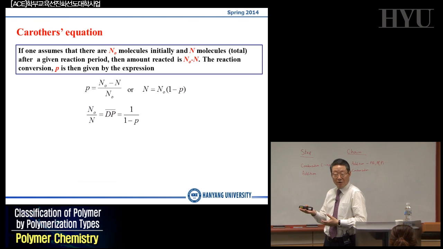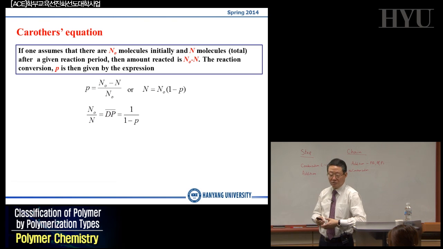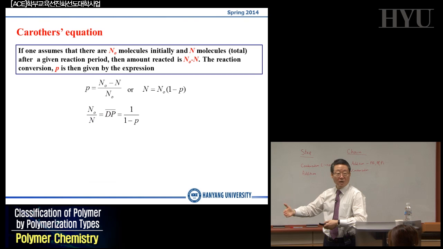Right? 75% of your reaction has proceeded here at 0.75, with 25 here, and it would be 25 minus 7 in the case of 75% reaction. So it's very simple. N, the total number of molecules at a given time t, can be calculated if you know the conversion, the yield.